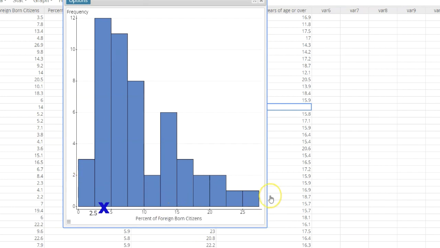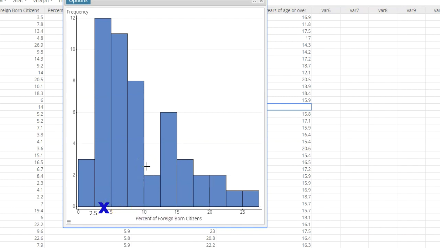But once I get the shape down, the very next thing that my eye usually goes to is the mode. And like we said before, the mode is somewhere between 2.5% and 5%. Then from there, I know because of my shape being skewed right, my median will be, well, not probably, it will be to the right of the mode.